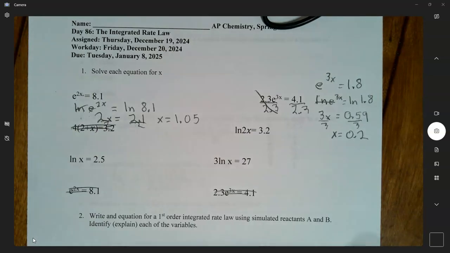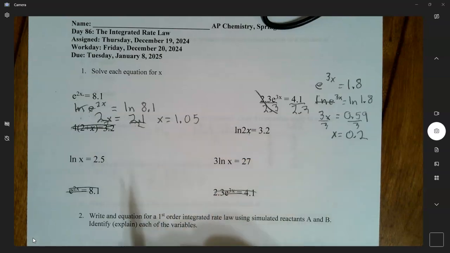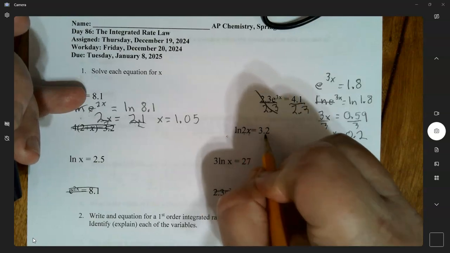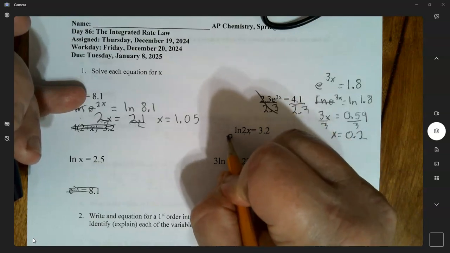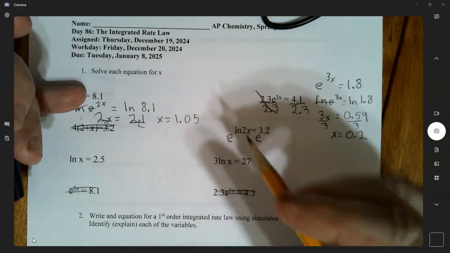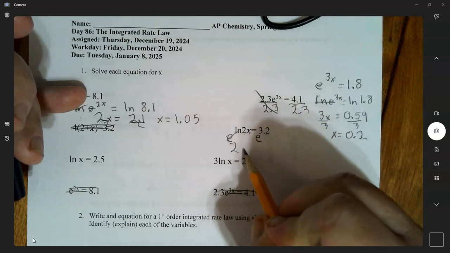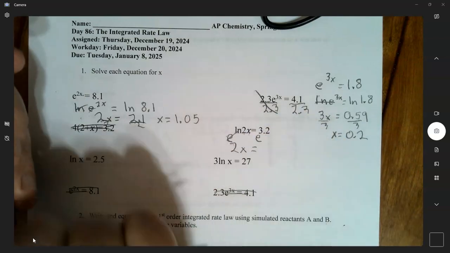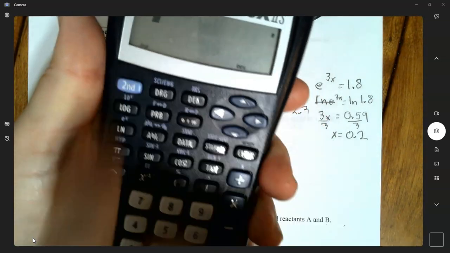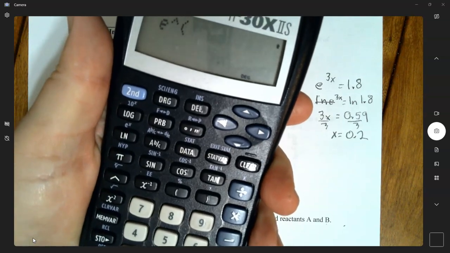Let's come down here. Now you have a natural log and you have an x inside of the natural log. So you inverse by making both of these an exponent of e. So e to the natural log of 2x cancels, or inverses, and simply gives you 2x. And for e to the 3.2, you hit second and then ln, because the secondary function on ln is e to the x.